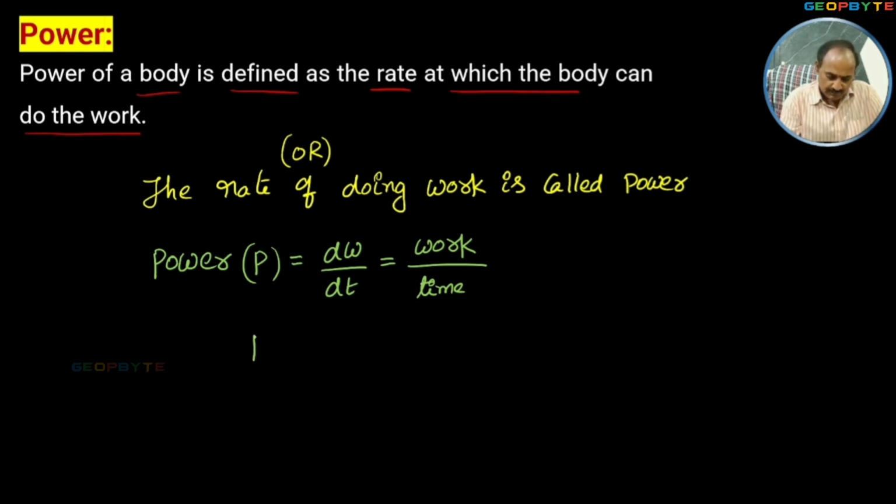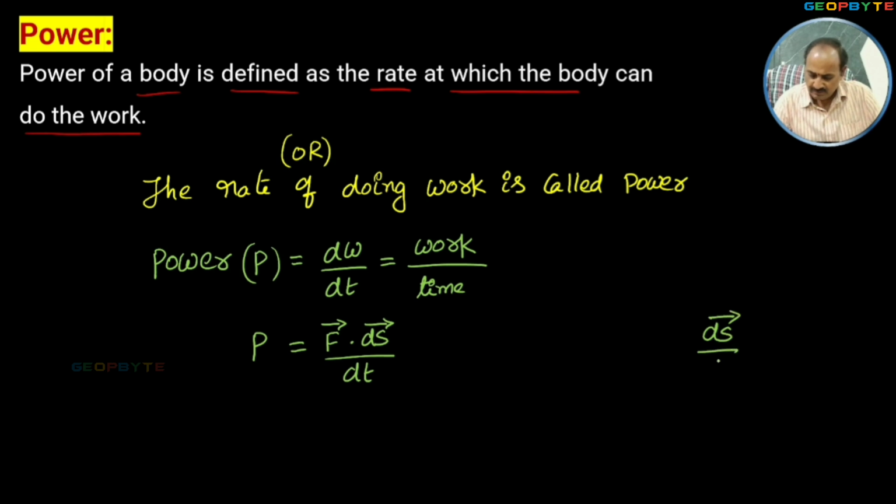It can also be written as dW equals F bar dot ds bar, divided by dt. As you know, ds bar by dt equals velocity. Therefore, it can be written as F bar dot V bar.